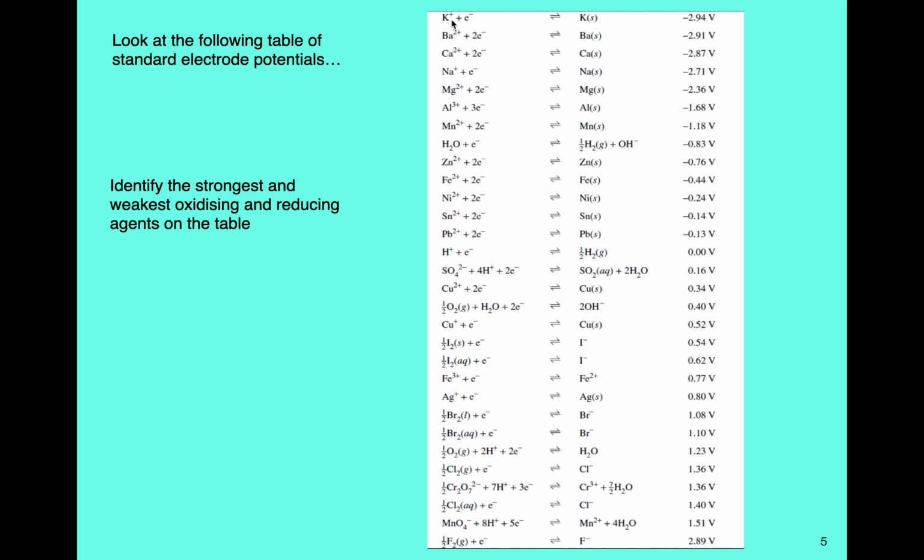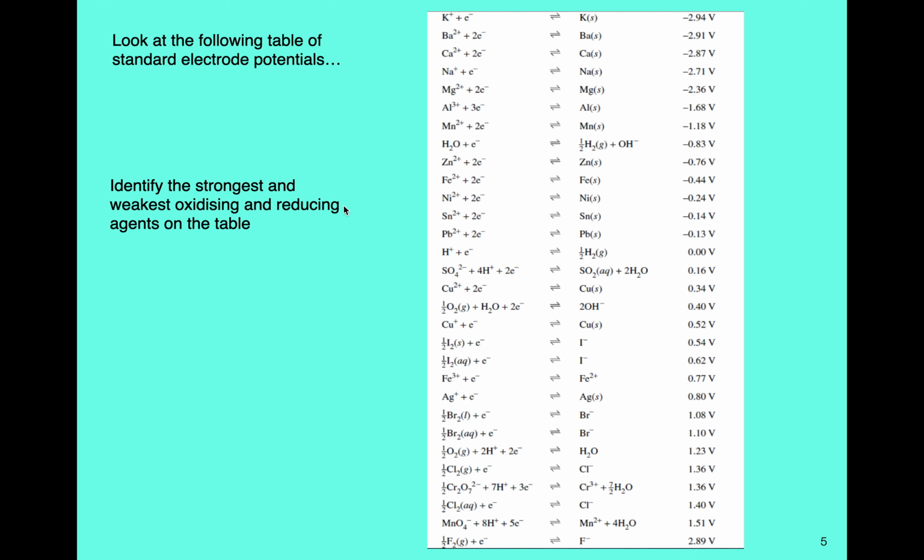So you can see here on the left hand side, this is all something accepting electrons, and then you have a scale according to how good they are at doing that. The more positive it is, the more likely it is that it will accept an electron. Chlorine's desperate for electrons, isn't it? Whereas potassium ions, well, it's going to be more difficult to get them to accept electrons.